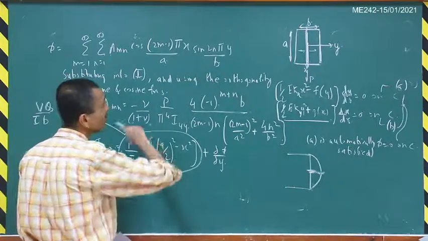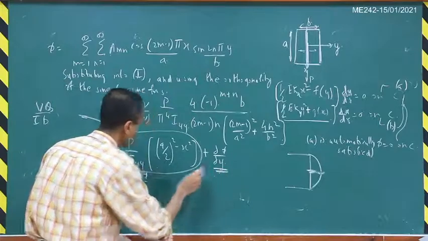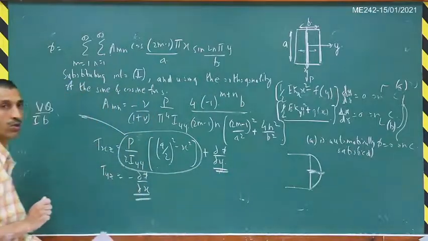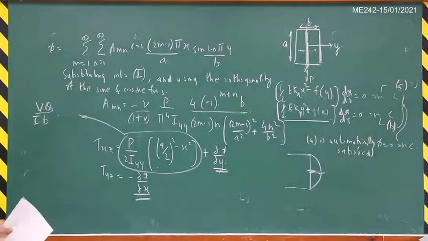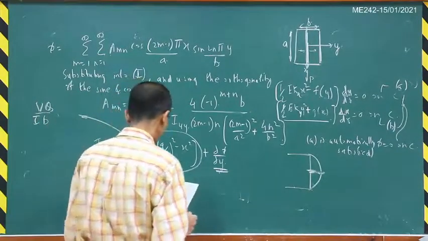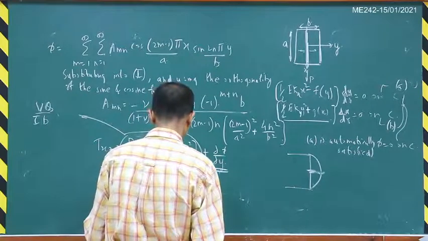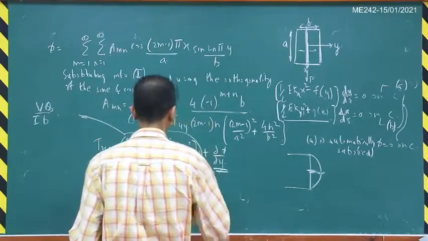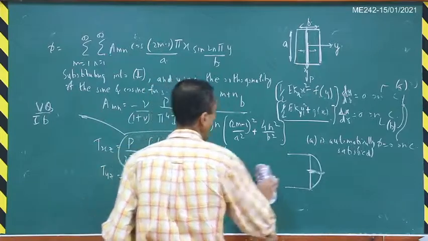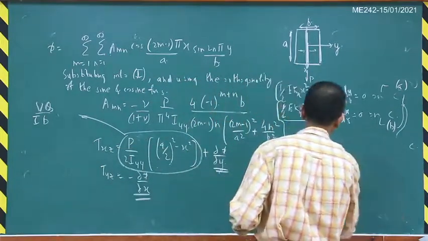So what has come out of this whole analysis is that this is a correction to your strength of material solution. That is a very nice thing that comes out of this analysis. So let me write this here. This del phi by del y and minus del phi by del x is a correction to your strength of material solution.